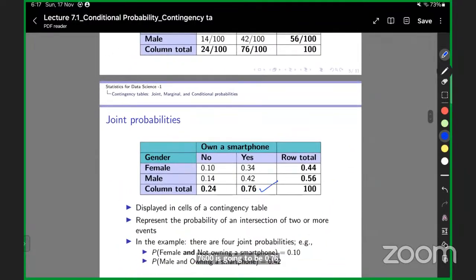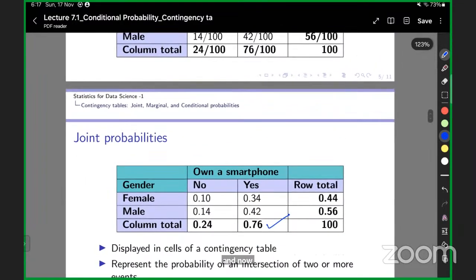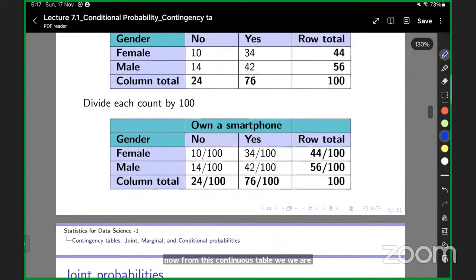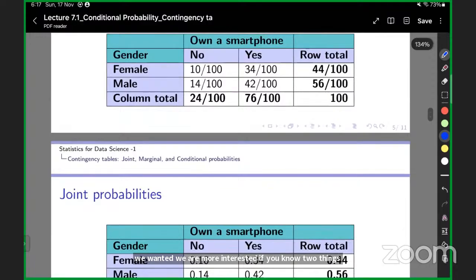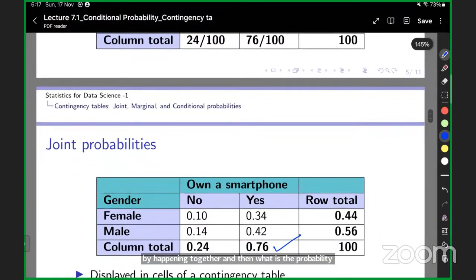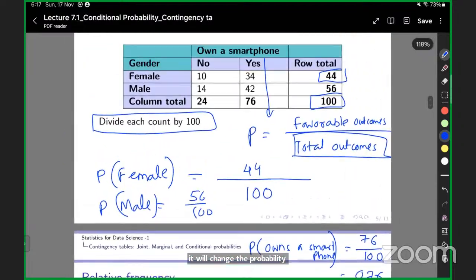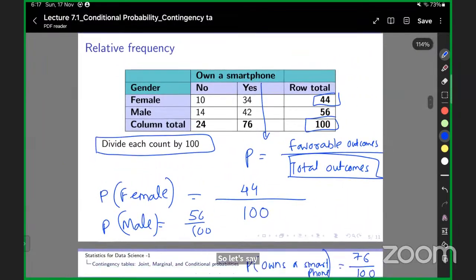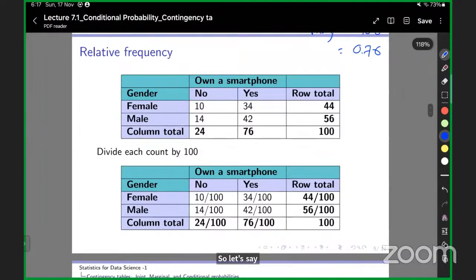Now from this table, we are more interested in cases where two things are happening together, and what the probability is then. It will change the probability. Let's say it's given that we are selecting only females.